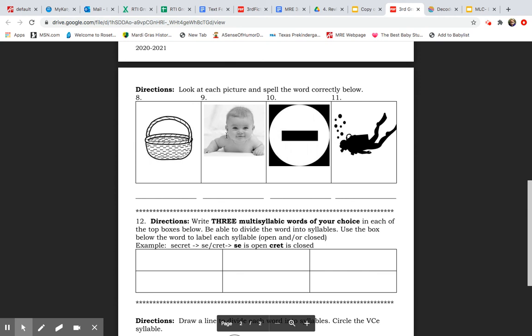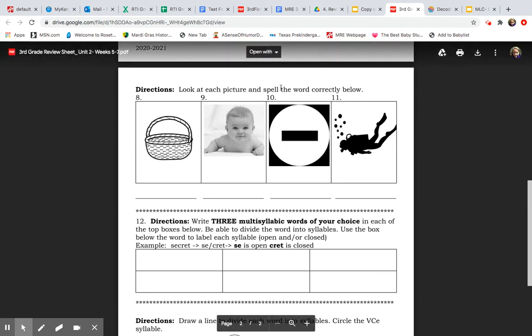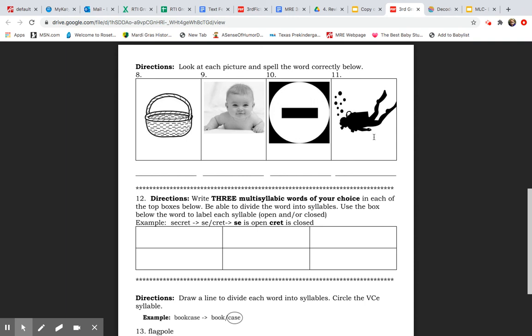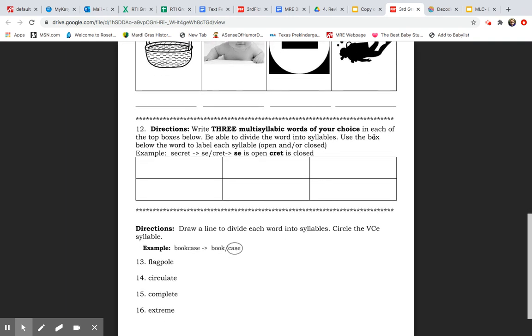Okay, and then this next section for 8, 9, 10, 11, it says look at each picture and spell the word correctly. You have a basket, a baby, minus, and scuba diver, or maybe just diver. You choose scuba diver, scuba, or just diver. Okay.